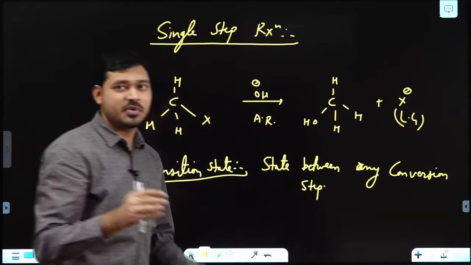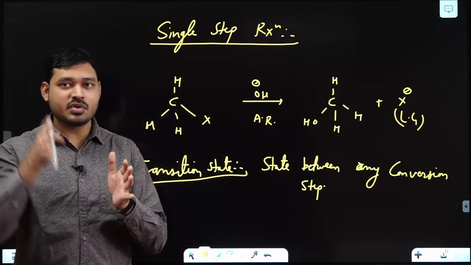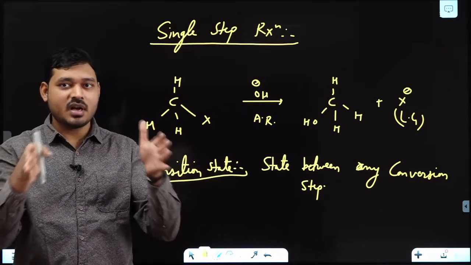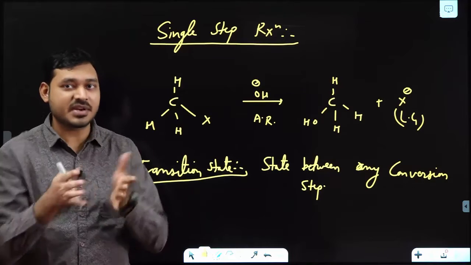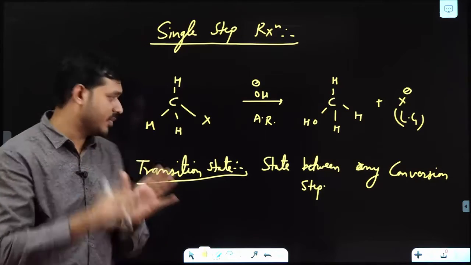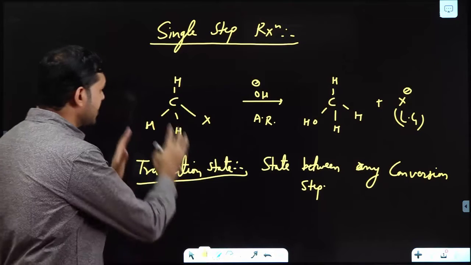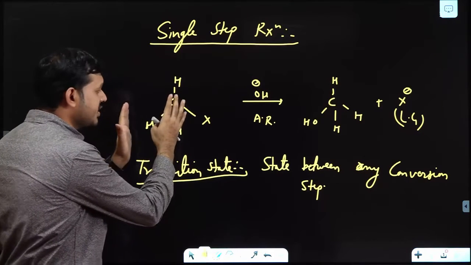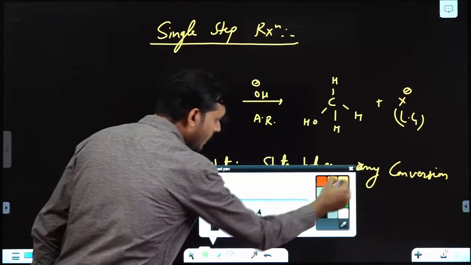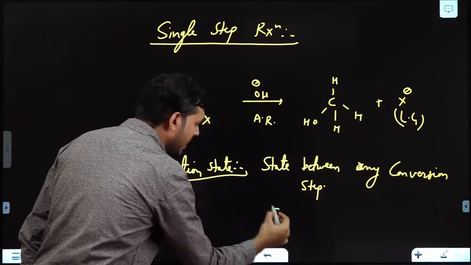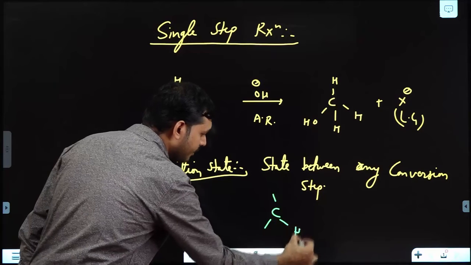Means suppose if I am talking about a one step reaction, then in between reactant and product the intermediate part will be your transition state. There will be no such reaction intermediate there because it is single step. So there will be a transition state. So suppose if I have to understand the transition state of this one, what will be the transition state? See, the transition state will be like this.